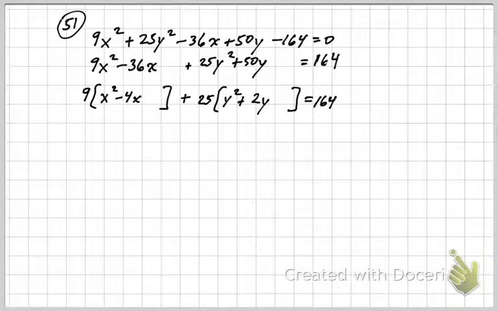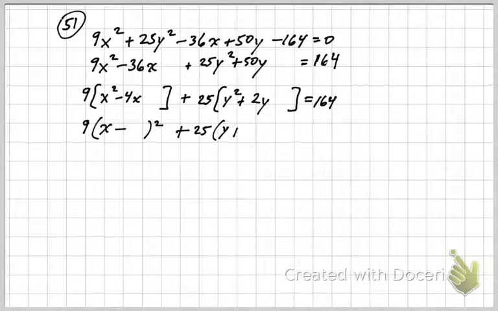You can only complete the square if the leading coefficient is a 1, like it is right here, and like it is right here. Now we're going to complete the square. So take half of 4. Half of 4 goes here, it's 2. What's 2 squared? 4.